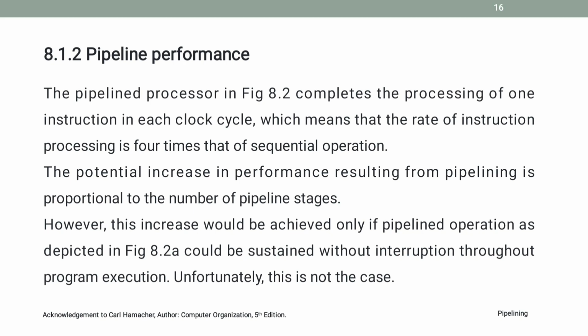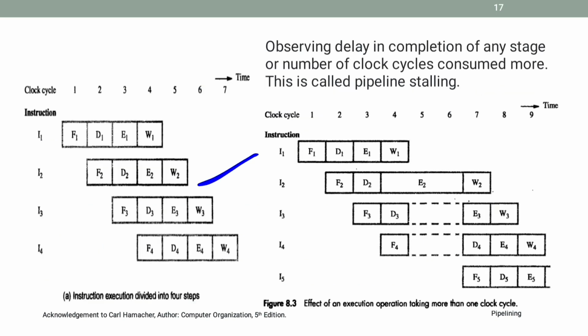And the second point is, it is assumed that in pipeline performance, each stage in the pipeline consumes 1 clock cycle of time. Unfortunately, this is not the case. If you consider this figure, it shows a 4-stage pipeline, the ideal case, where all the phases consume only 1 clock cycle of time. And this figure indicates the practical or non-ideal kind of 4-stage pipeline.